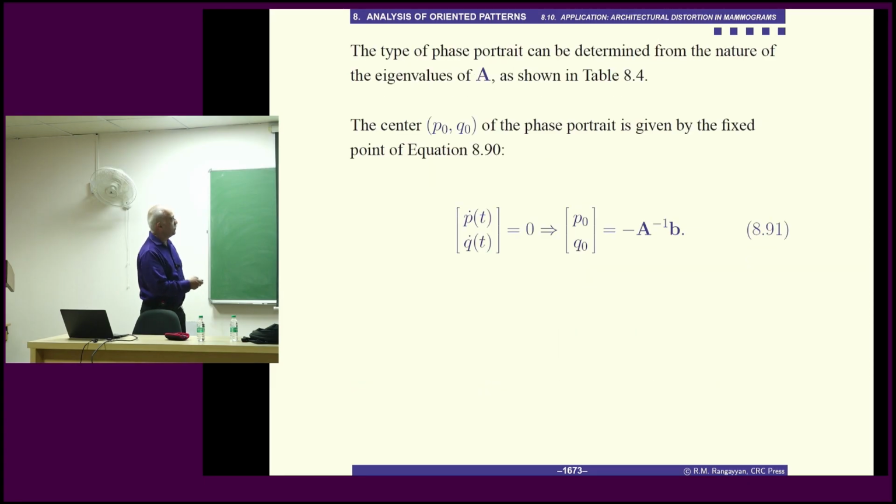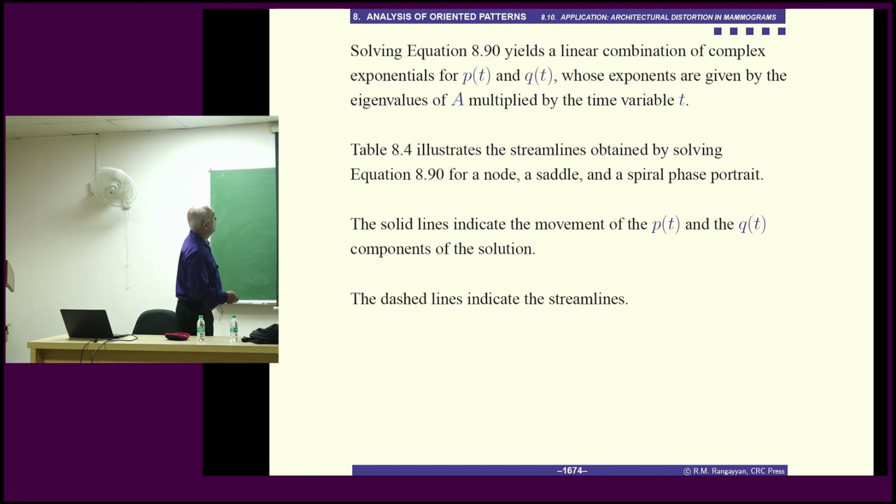Or given the P(t), Q(t), you find the A and B. So solving yields a linear combination of complex exponentials for P(t) and Q(t), whose exponents are given by the eigenvalues of A and the time variable t.